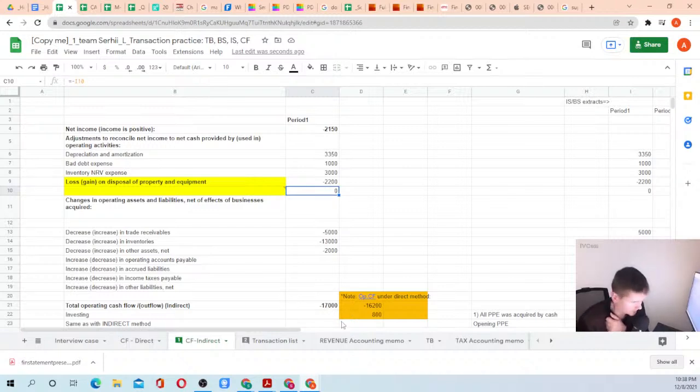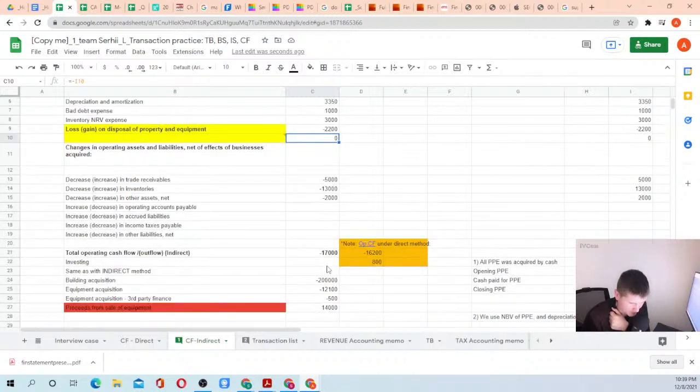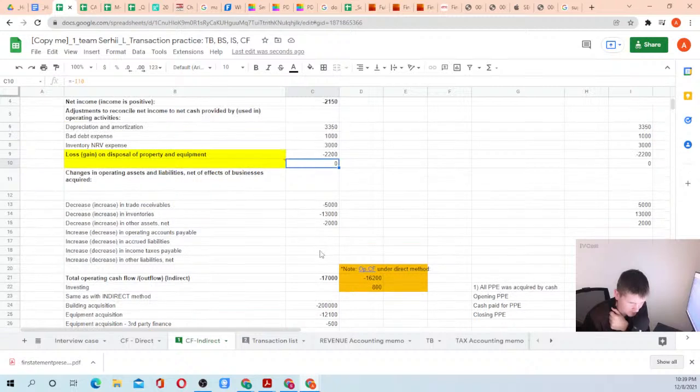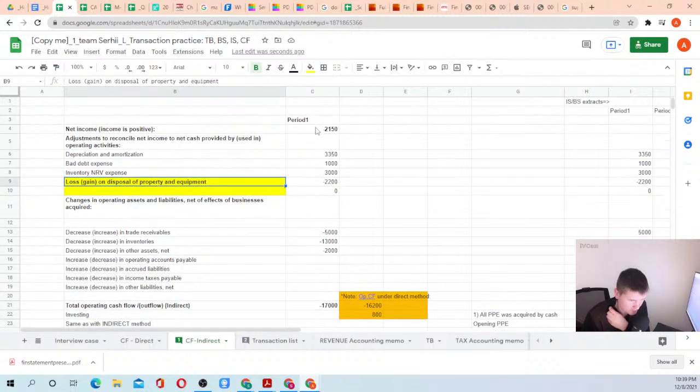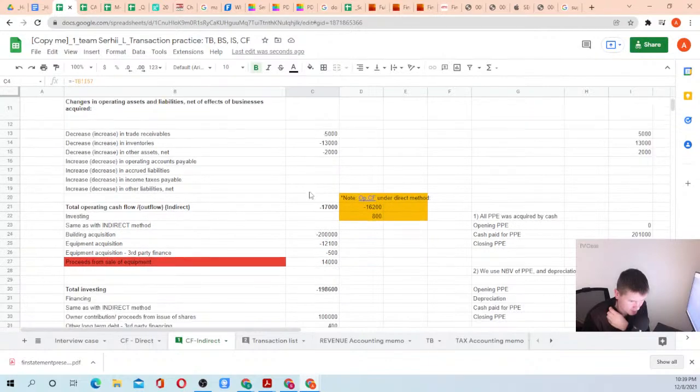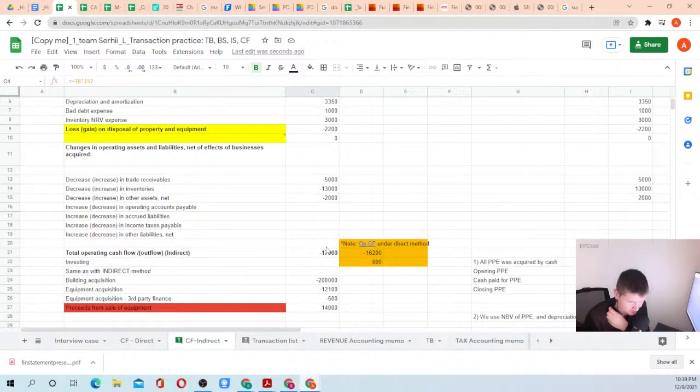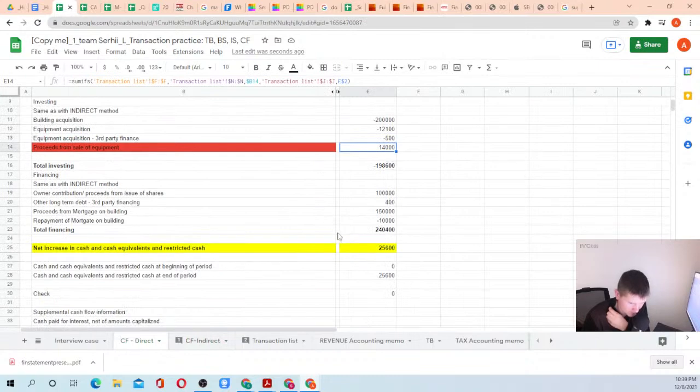I'm still off. Let me think what the reason might be for that. Loss gain on disposal of property, plant and equipment. So we did a disposal and it reflected in here, and I'm getting 17,000.